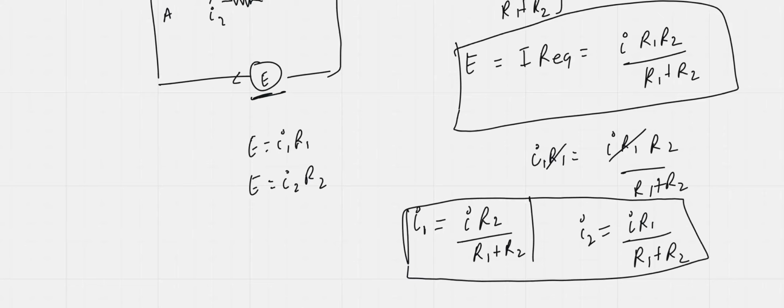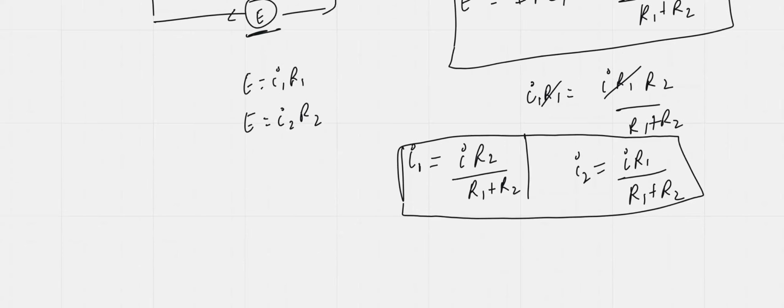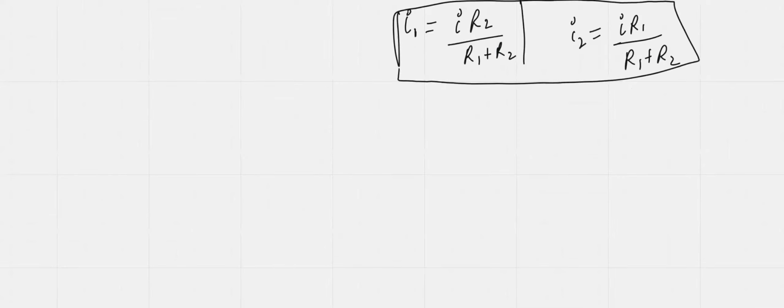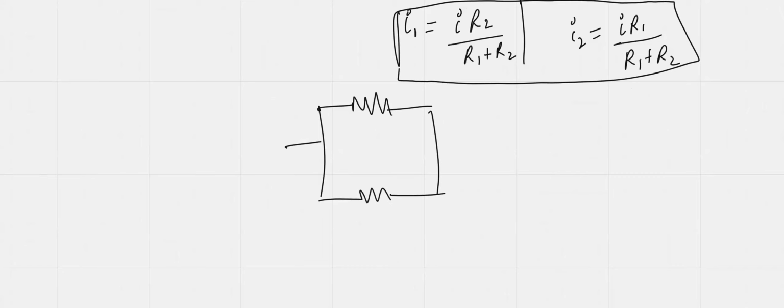Yes, sir. What if I have more than two resistors? Assume I am having three resistors. A simple way is that you can do the same thing in all conditions. You know that calculating R equivalent is more important, right?